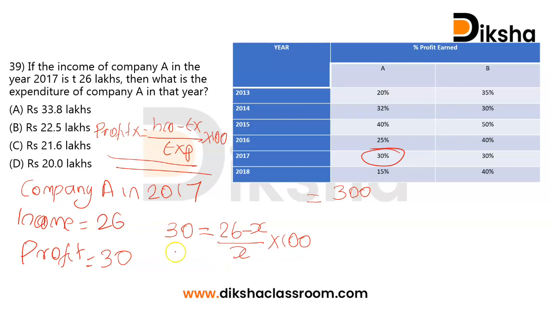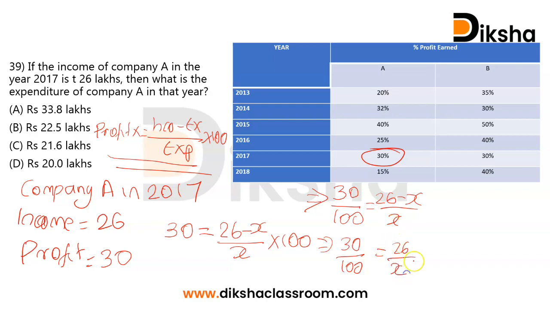This 100 goes to the other side. 30 by 100 equals 26 minus x by x. We can write 30 by 100 equal to 26 by x minus x by x.